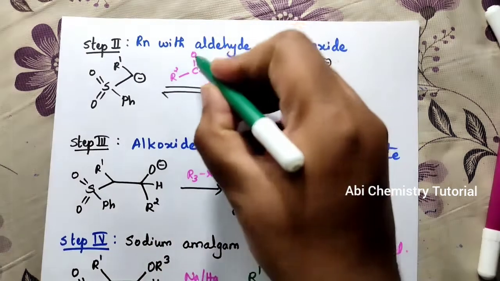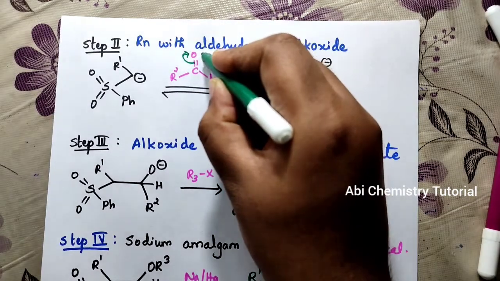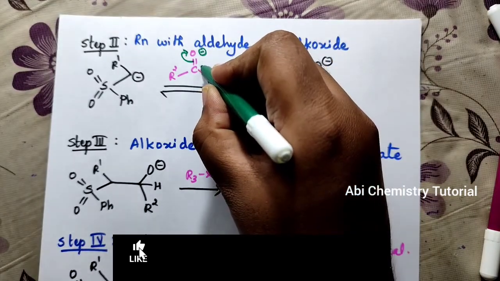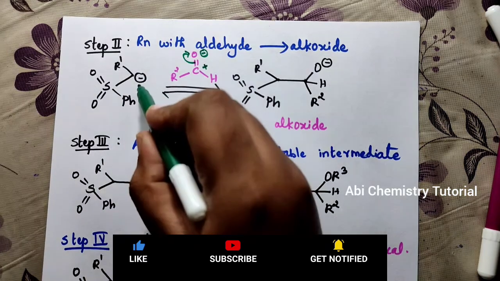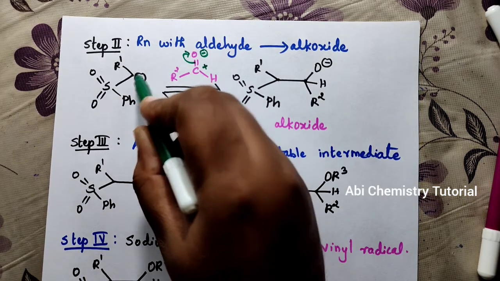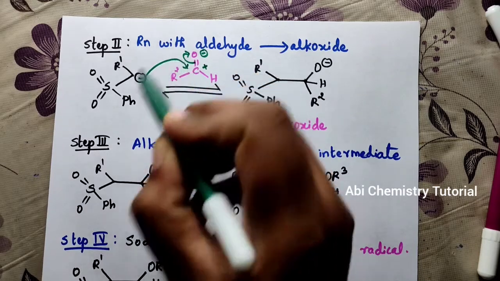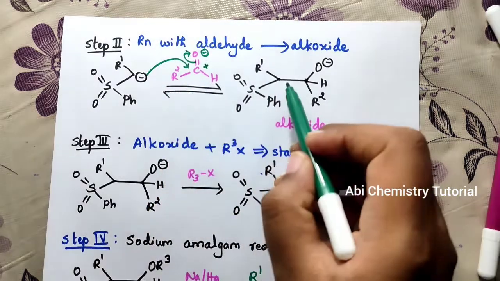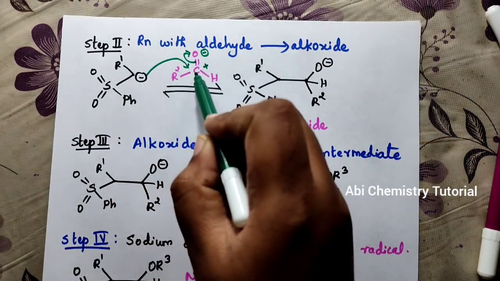Here you can see we have a double bond, and this bond is shifted over to this oxygen to form a negative charge over this oxygen, and now the carbon will gain a positive charge. And this carbanion gets attached to this carbon atom, and you get a bond between this carbon and the carbon of this aldehyde.